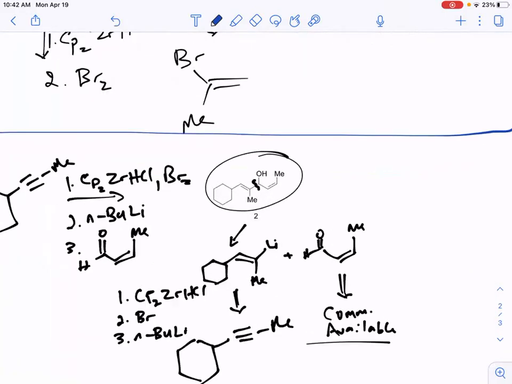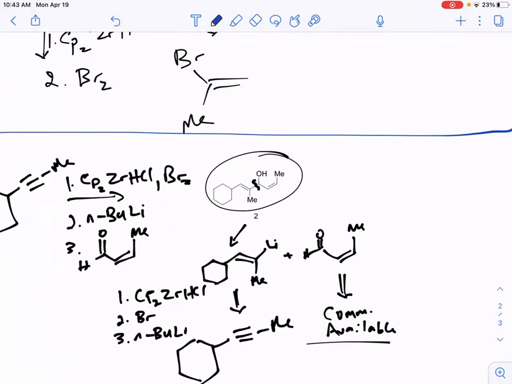And you have to think about how to make it. Your retrosynthesis is always what is the immediate precursor to what I'm looking at. So for that molecule, the immediate precursor would have been the aldehyde plus some type of vinyl nucleophile. And then from those precursors, the next question you have to ask is, okay, how do I get to these? Can I buy them or do I have to make them?